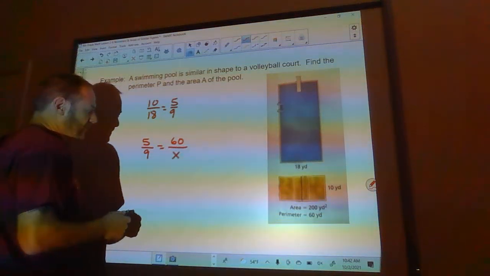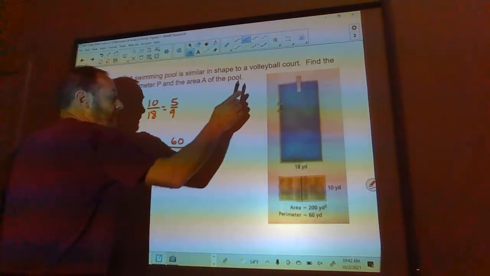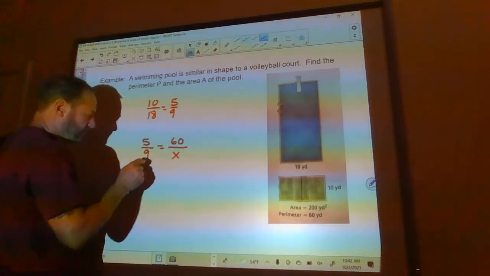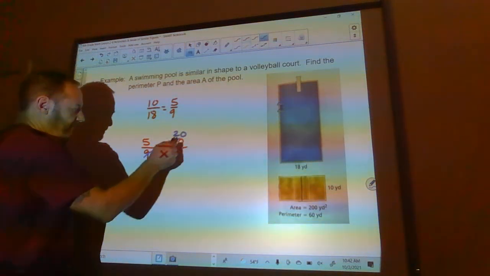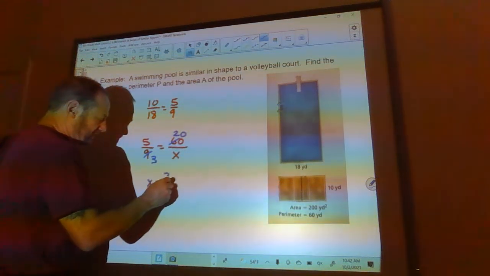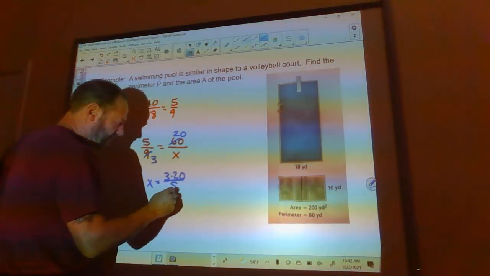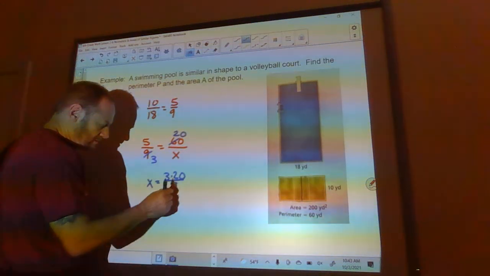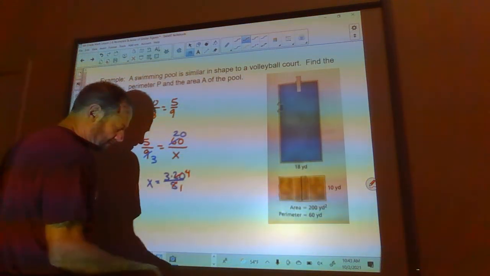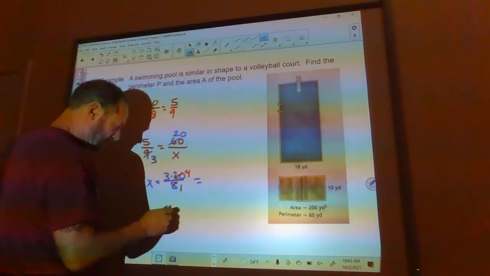Let's see, 3 will go in here 20 times, and 3 will go in here 3 times. So 3 times x is going to be 3 times 20 divided by 5. Okay, and I can cancel that with that, and that's going to be 12.